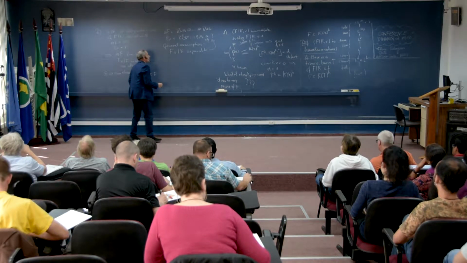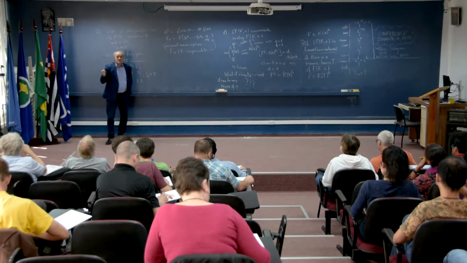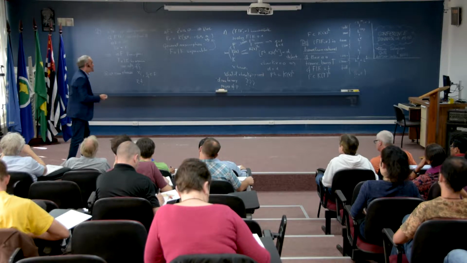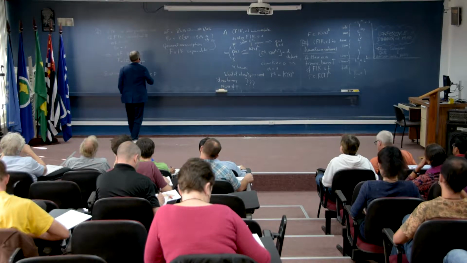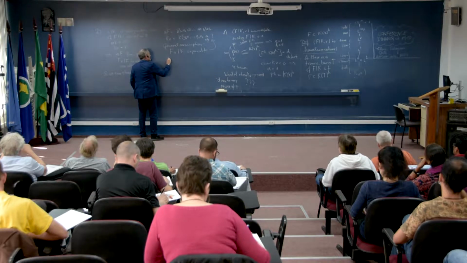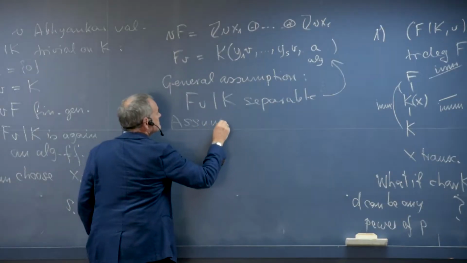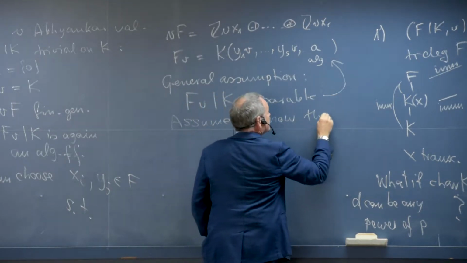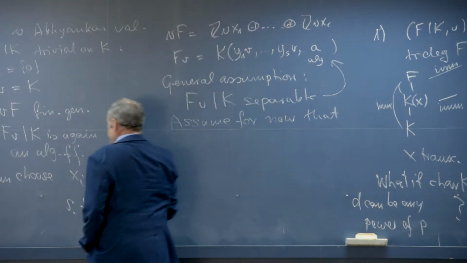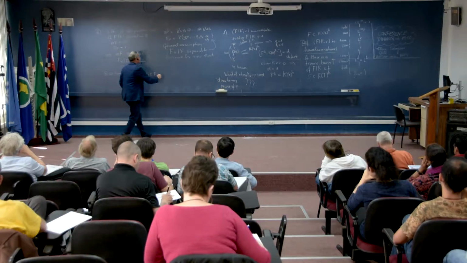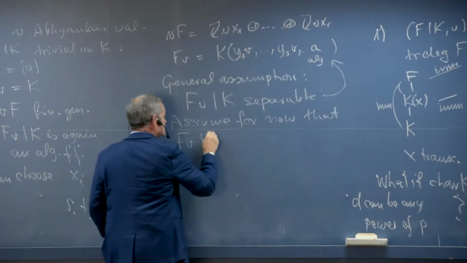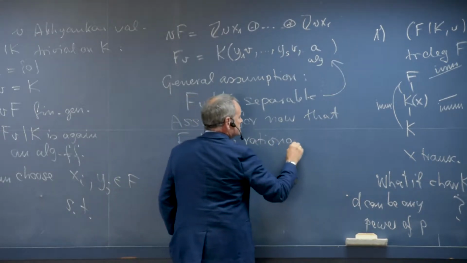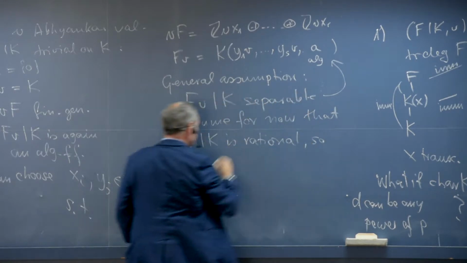Well, algebraic geometers often tend to work over perfect fields. So if k is perfect, the separability is automatic. Okay, assume for now that actually this function field here is rational. So we don't need a.